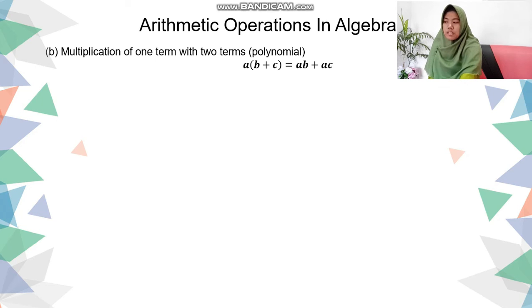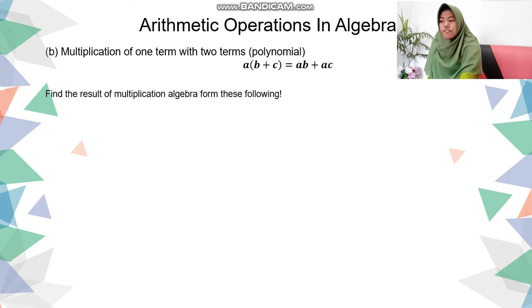The examples are: find the result of the multiplication of the following algebra. First, 4x times (x minus 2y).